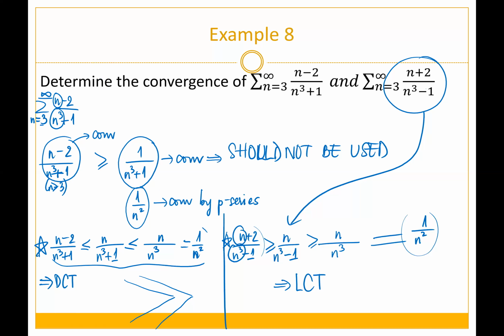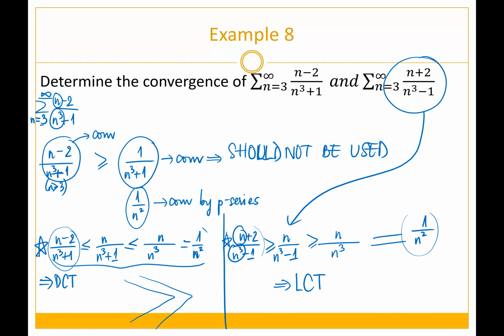If the biggest one is convergent, the smaller one also has to be convergent, right? So this is why I derived this part, to show that the series we're trying to compare is smaller than 1 over n squared. That's when you can use direct comparison test.